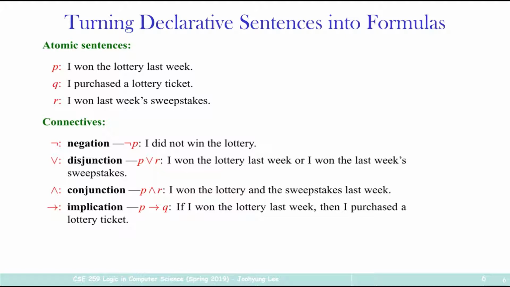There's also implication, and we have talked about implication quite a few times by now. P implies Q is an if-then sentence: if I won the lottery last week, then I purchased a lottery ticket. We can write the English sentence in a lengthy way, but we can also write it in terms of these formulas, like P implies Q.